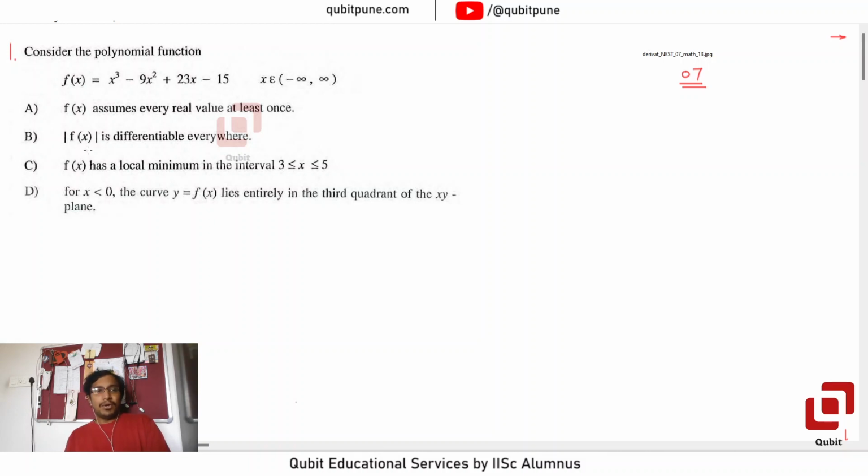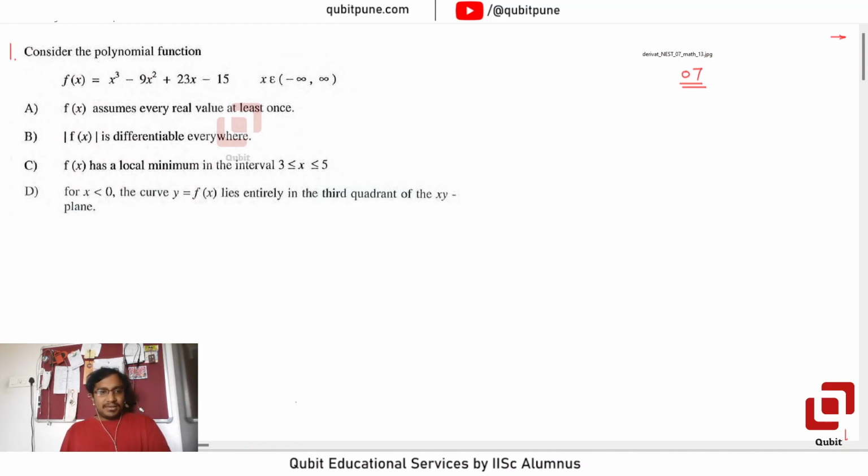Option B, mod of f of x is differentiable everywhere. Option C, f of x has a local minimum in the closed interval 3 to 5. Option D, for x less than 0, the curve y equal to f of x lies entirely in the third quadrant of the xy plane.